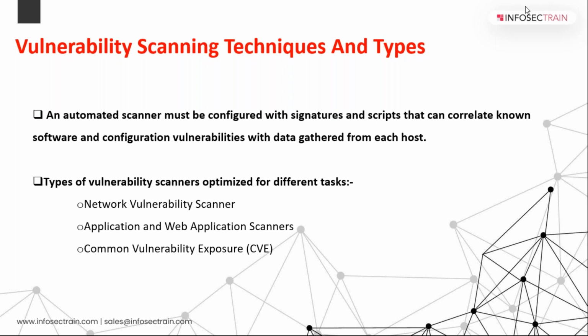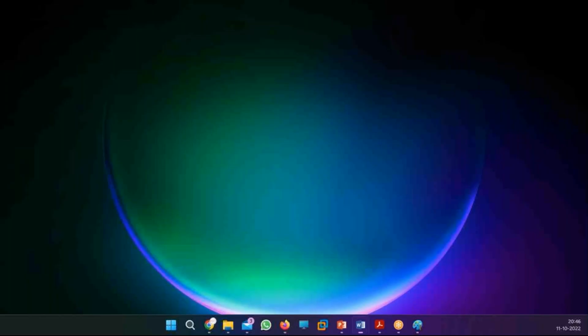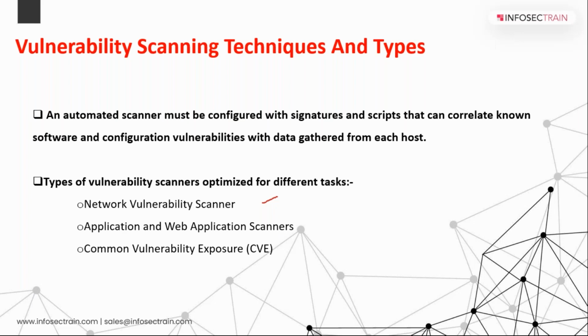Okay, so the types of vulnerability scanning, organized by different tasks, start with the network vulnerability scanner. In a network vulnerability scanner, I can simply use Tenable Nessus or OpenVAS.